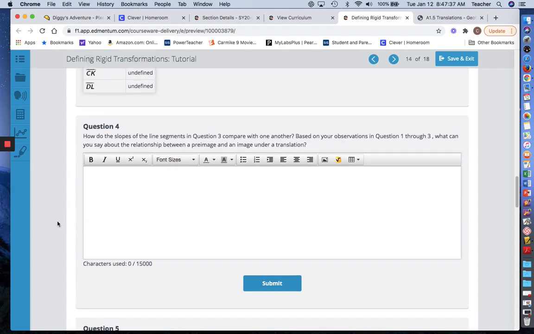So question 4, how do the slopes of the lines in segments in question 3 compare to one another? Well, they were all the same. They were all vertical. I guess they're also going to be parallel because they were all the same slope, even though there was no slope. Okay, so I can write this.